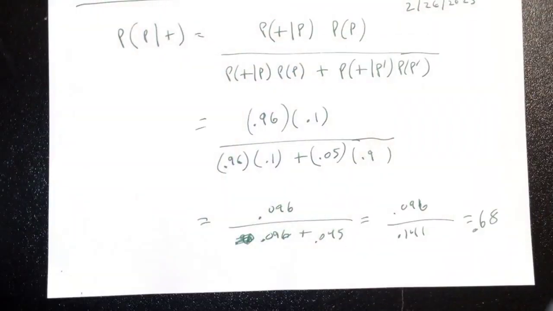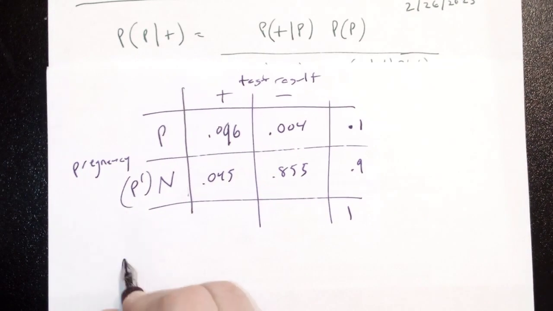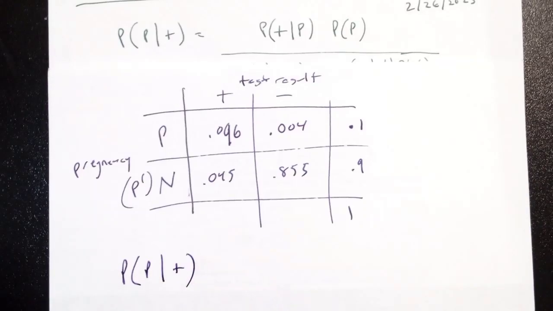Ignore all the calculation here. Let's just look at this table. To find the chance that my person is pregnant given that they have a positive pregnancy test, I'm missing 2 numbers from this chart. Yari, which 2 numbers?